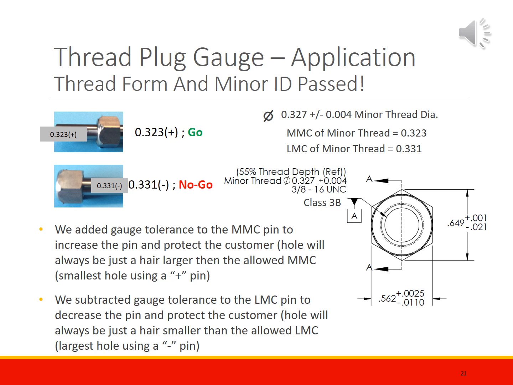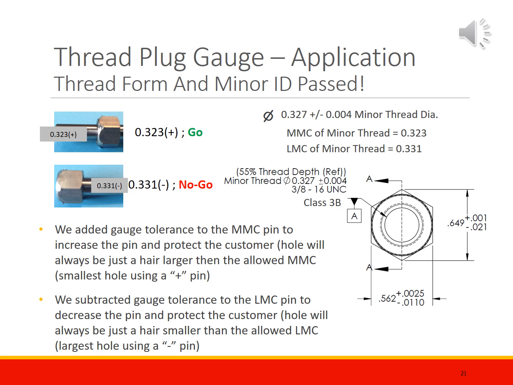And we subtract the gauge tolerance from the LMC pin by selecting a minus pin. And that decreases the size of the pin and protects the customer such that the hole will always be just a hair smaller than what would be allowed for LMC by using a minus pin.